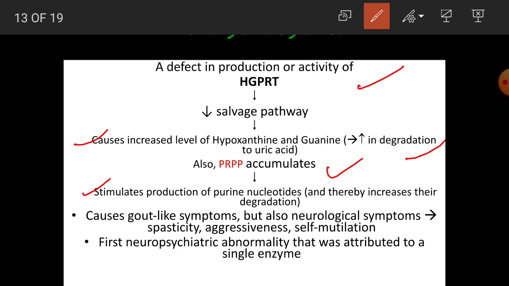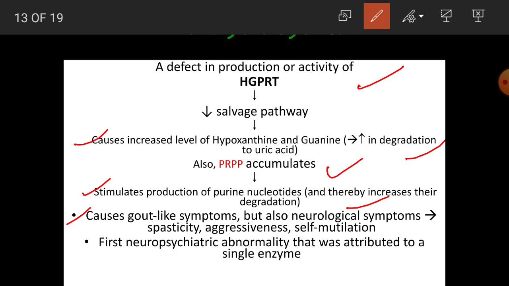So this also has gout-like symptoms, but how to distinguish it? There are some neurological symptoms like spasticity, aggressiveness, and self-mutilation. Now what is this self-mutilation? The patient will bite its acral parts like fingers, wherever it feels like, and harm itself.